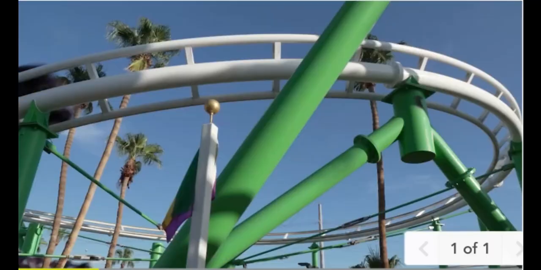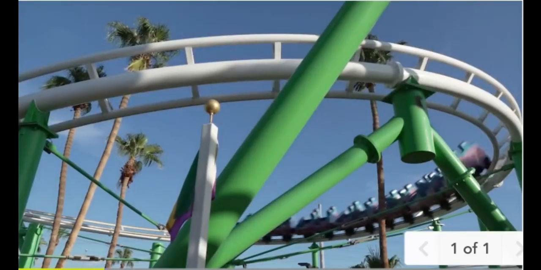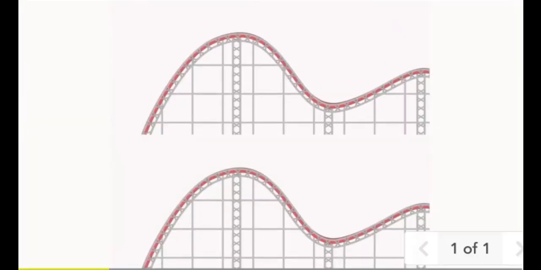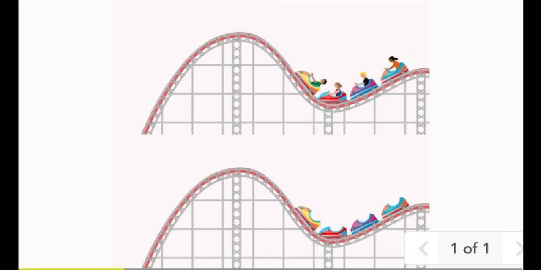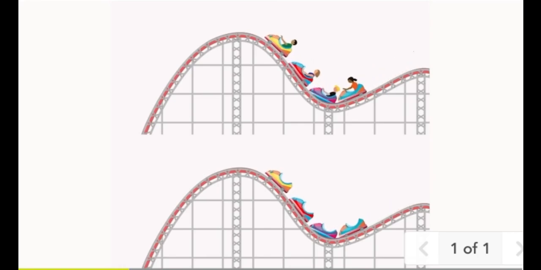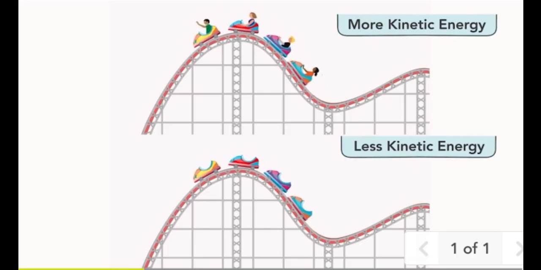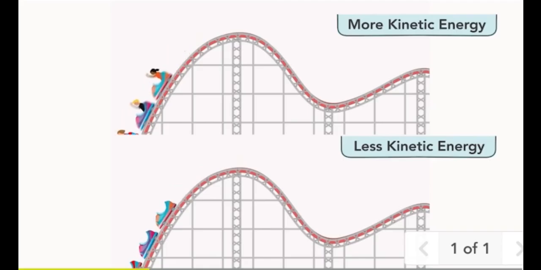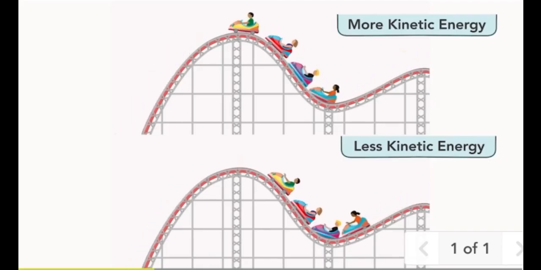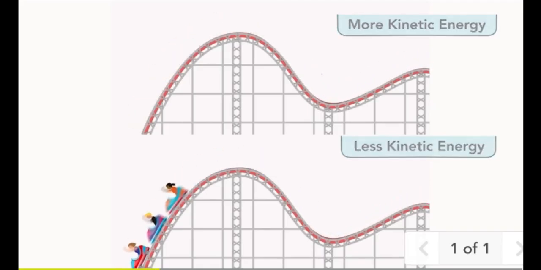If it's moving, it's kinetic. Both mass and speed contribute to the kinetic energy of an object. When the speeds are the same, the object with the larger mass has greater kinetic energy. When the masses are the same, the object moving faster has the greater kinetic energy.